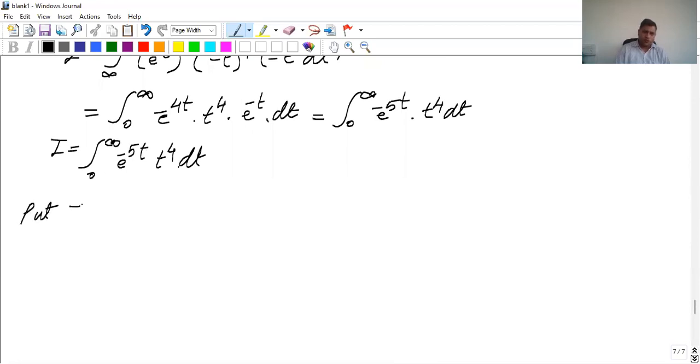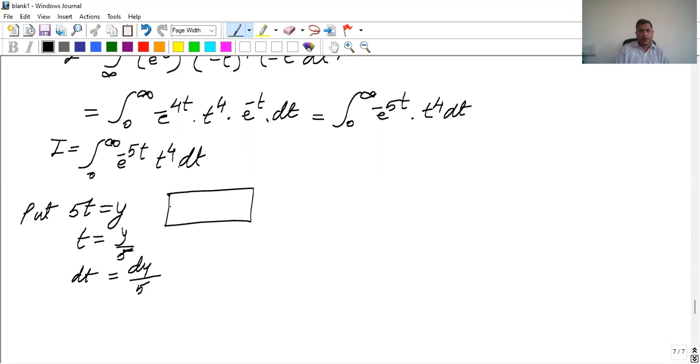Put 5t equal to y, so t is equal to y by 5 and dt is equal to dy by 5. What will be the limits? Here t is 0 to infinity and y will also be 0 to infinity.